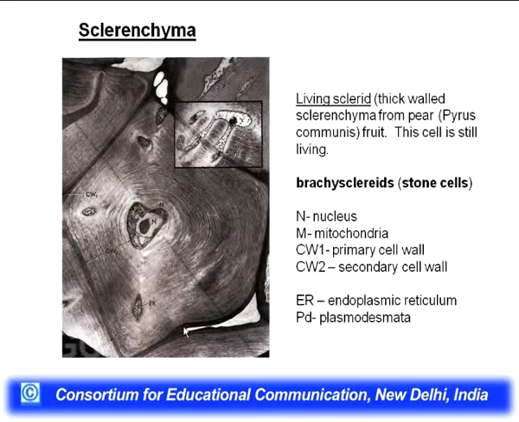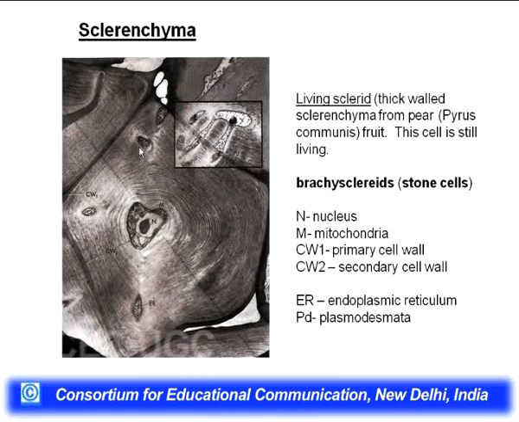This one is the primary cell wall, and after the primary cell wall it has a number of secondary cell wall layers. So, there is a huge deposition of secondary cell wall, all happening inside the primary cell wall.